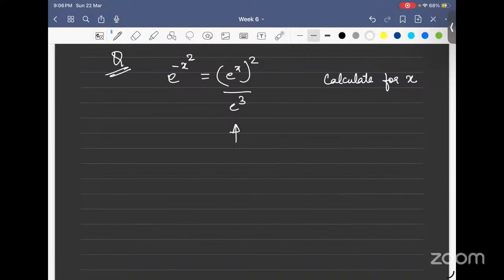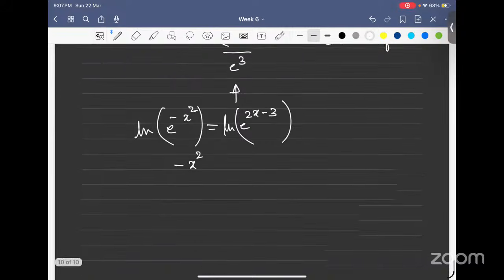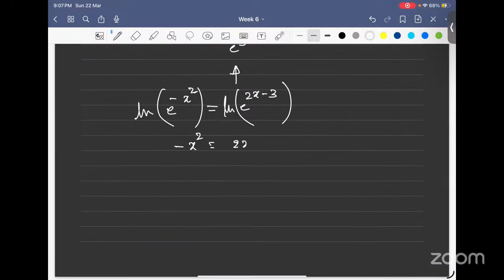So here you are writing e to the power minus x square equals e to the power 2x minus 3. Correct? And then you can take log. Take base e itself, so that will be easier. Take ln here also. Then minus x square is equal to 2x minus 3.